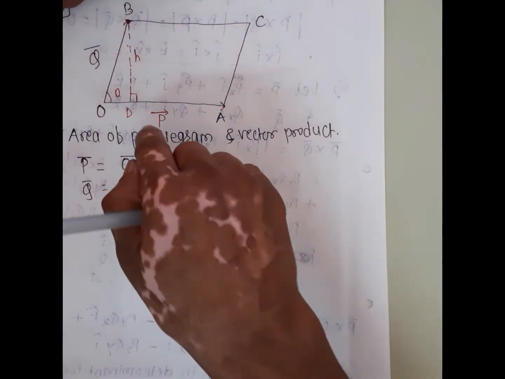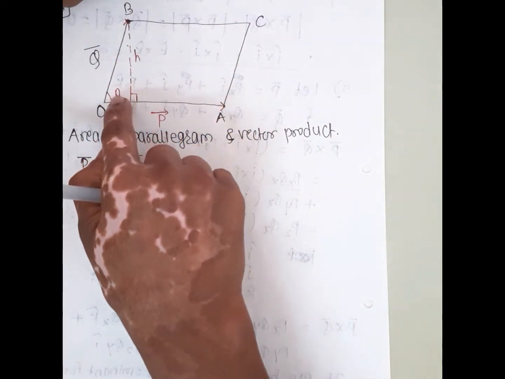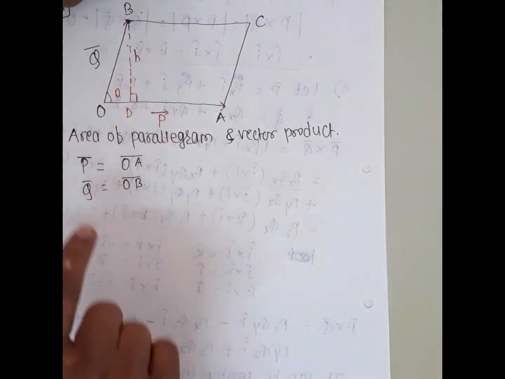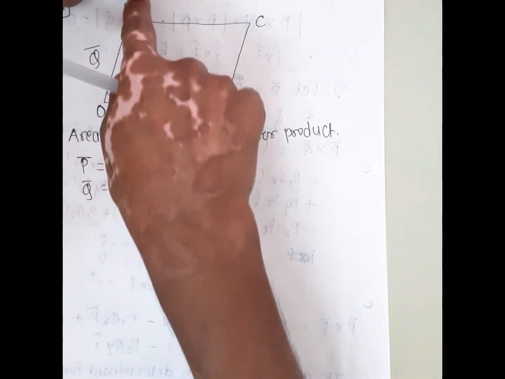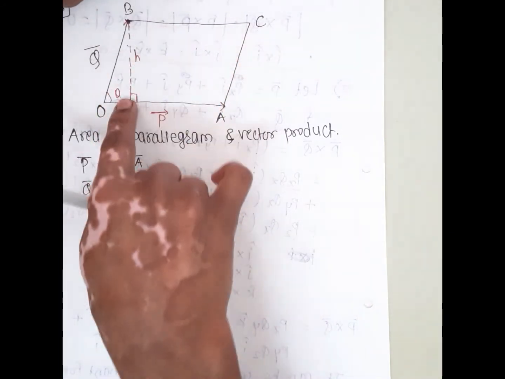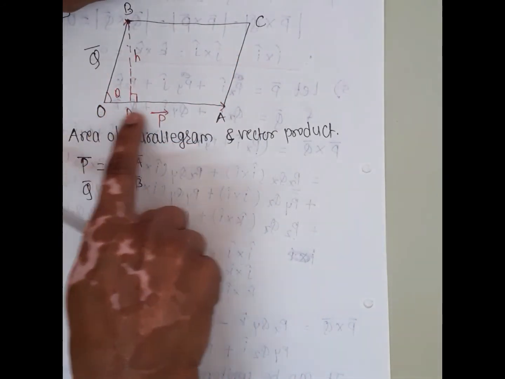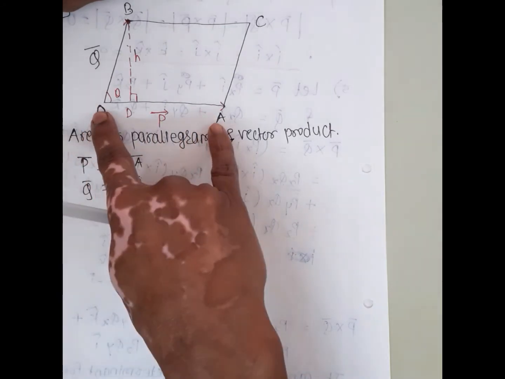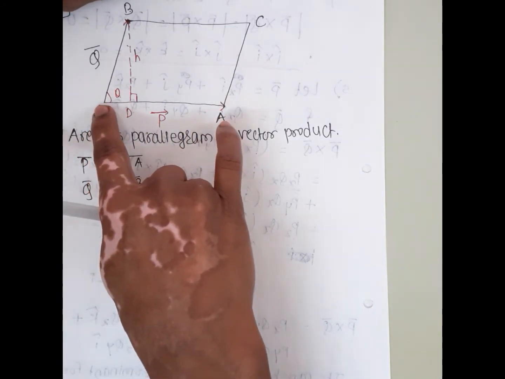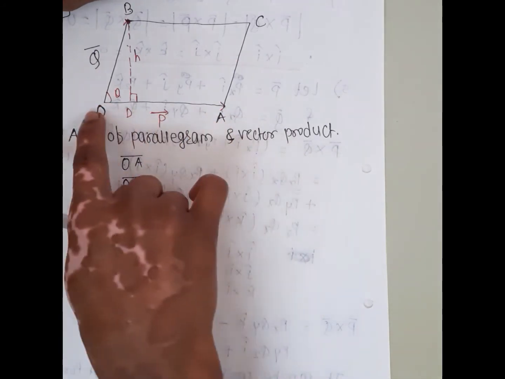The perpendicular BD bar is perpendicular to line OA, and the length of BD is h, the height of the parallelogram. OA gives the base of that parallelogram.